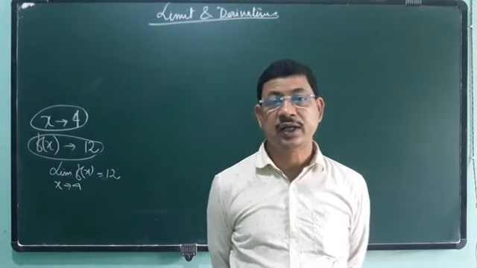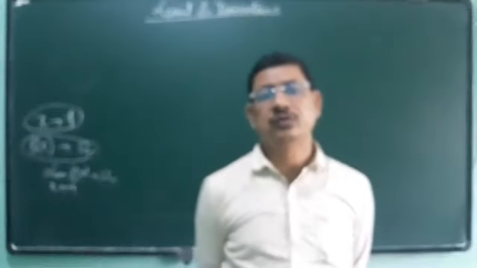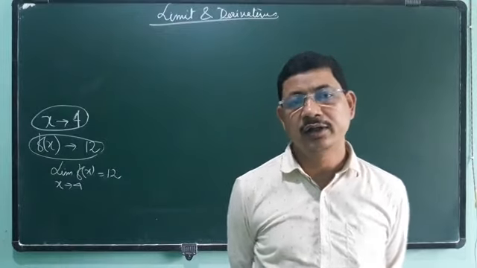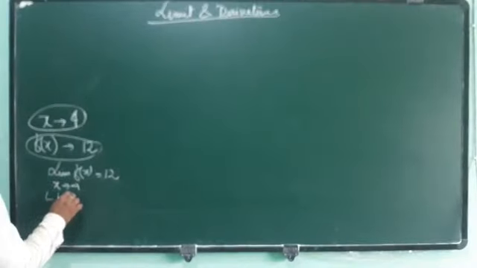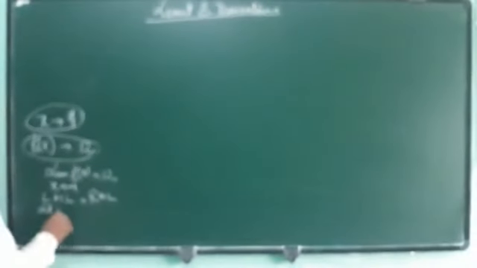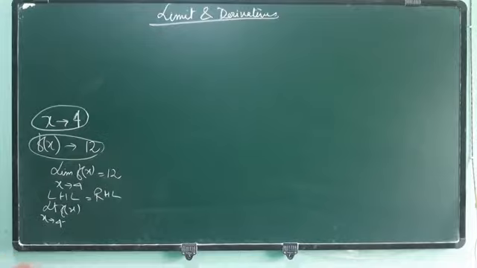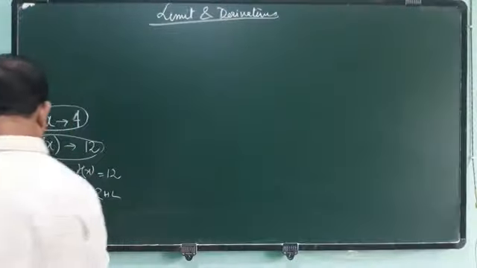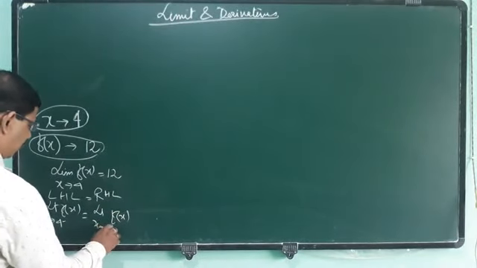Now, LHL is the limit of f(x) as x tends to 4 minus, meaning little less than 4, and RHL is the limit of f(x) as x tends to 4 plus.